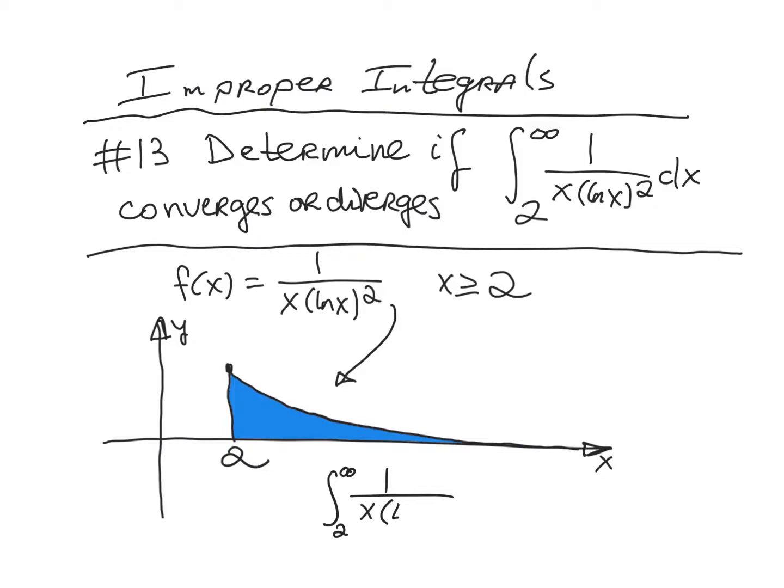So the improper integral from 2 to infinity, 1 over x times natural log of x squared, is equal to the enclosed area. And we see that since the region is above the x-axis, the answer will either be a positive number or positive infinity.